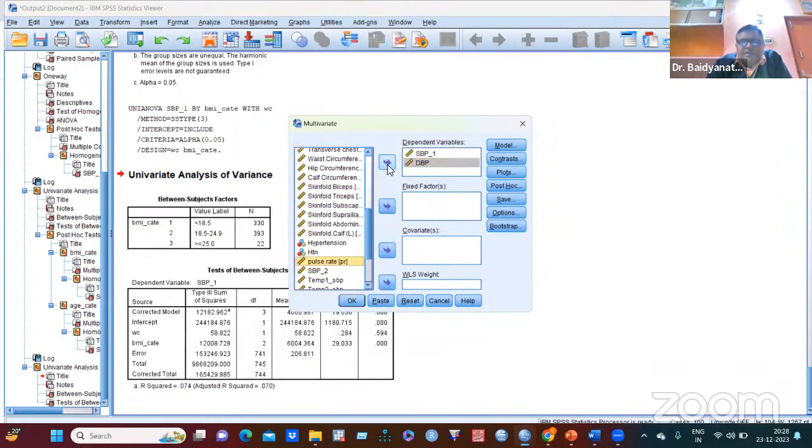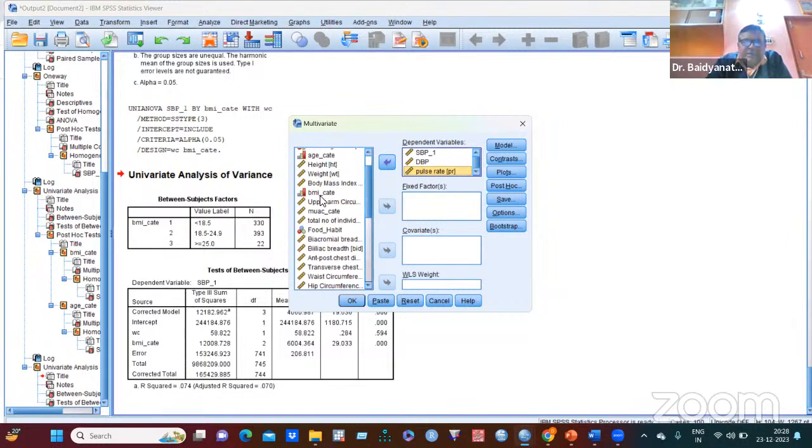That is all physiological variables. And fixed factor, that is the independent variable, one categorical variable with more than 2 categories. Again, I put here BMI category, body mass index.